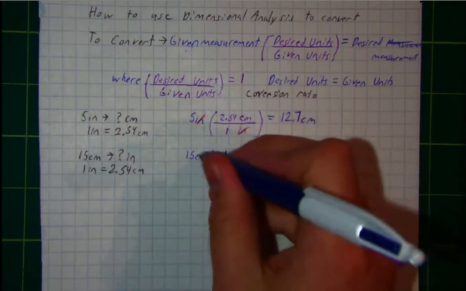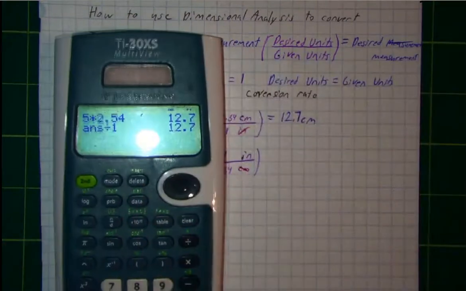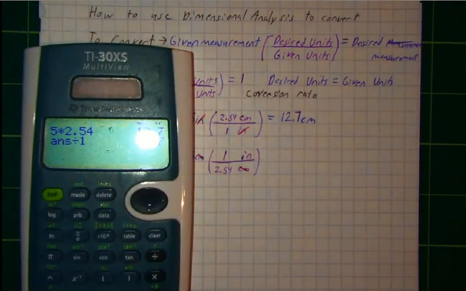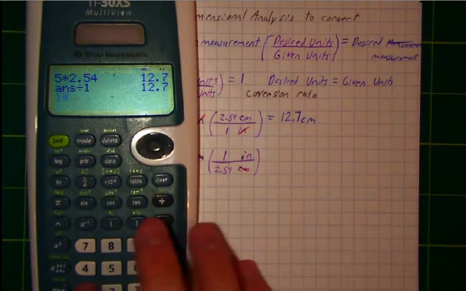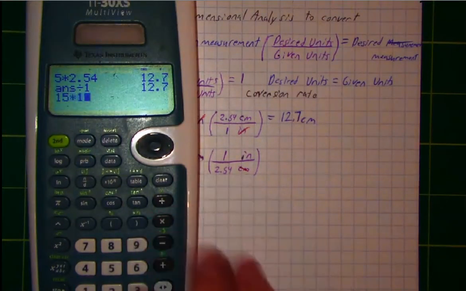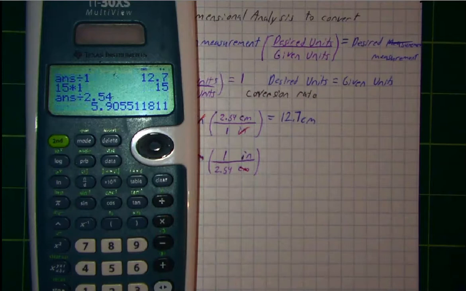Centimeters is on top and on bottom, so it will clearly cancel out. If we type this into our calculator, we say 15 times 1 divided by 2.54, and we get 5.905.